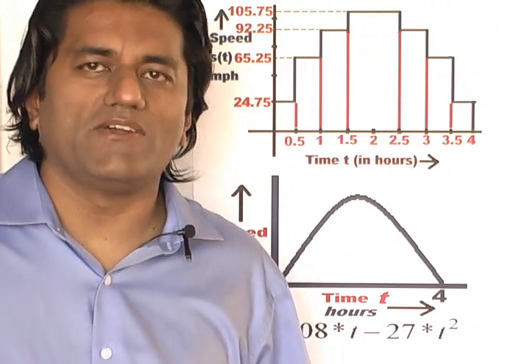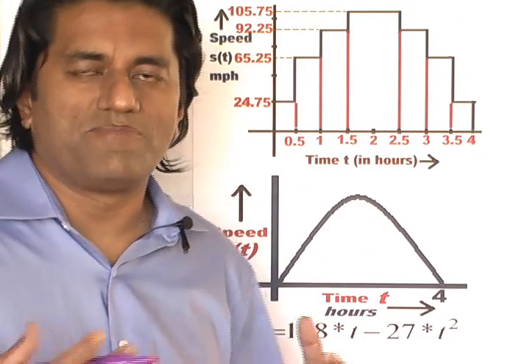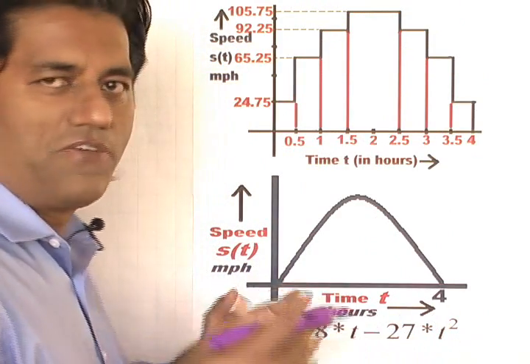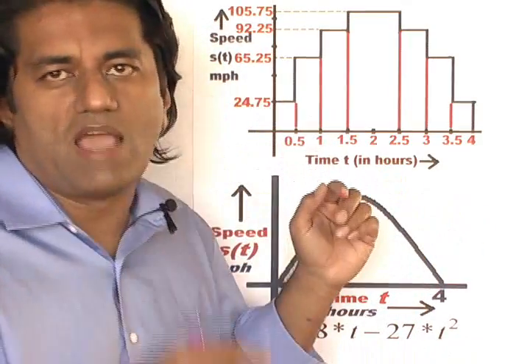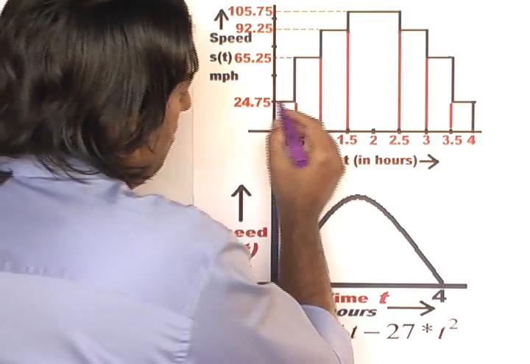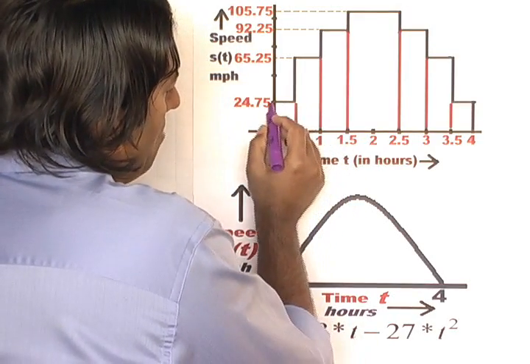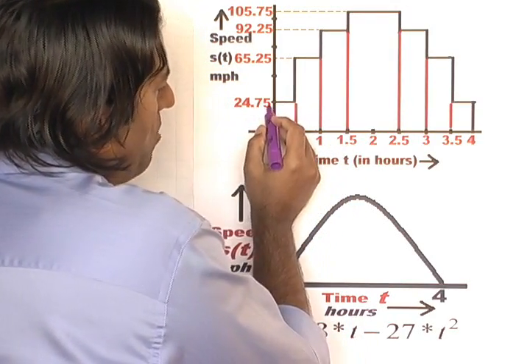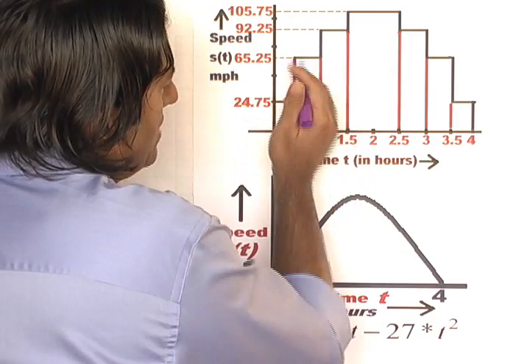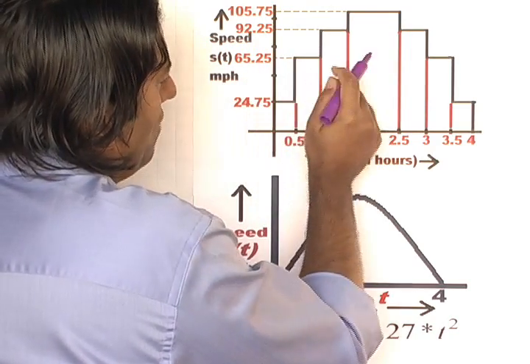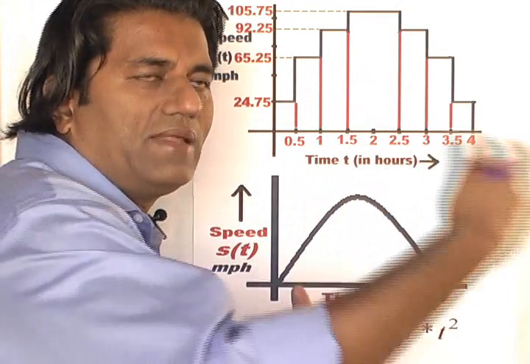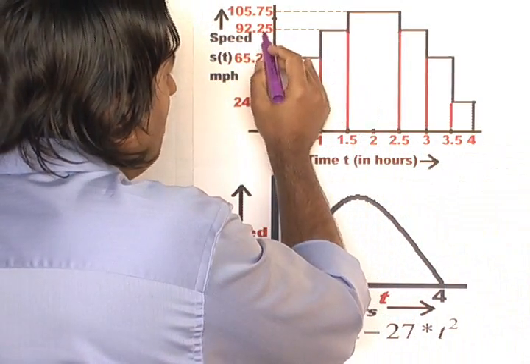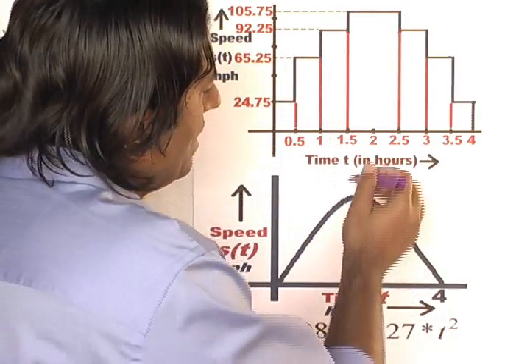So for greater accuracy, let's say you give me a graph of your travel. You give me your average speed for every half an hour. So you say, okay, the first half an hour, my average speed was 24.75. The next half an hour it was 65.25. Then from 1 hour out to 1.5 hours, my average speed was 92.25.